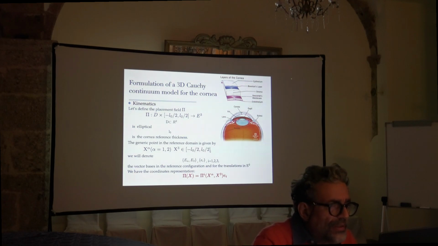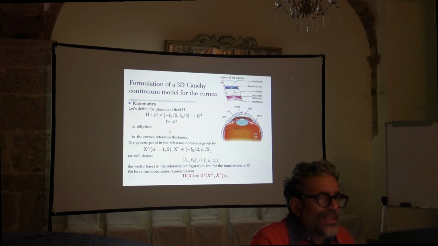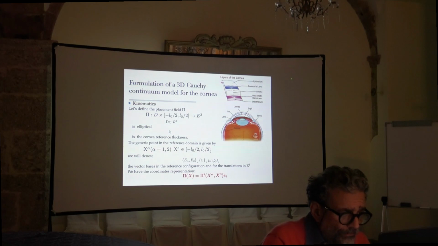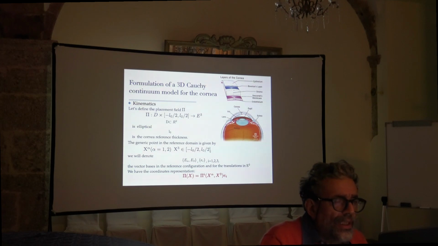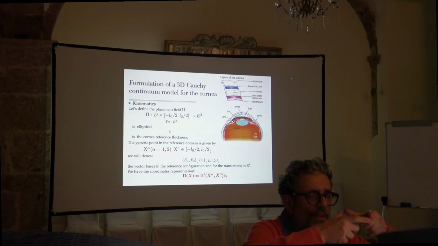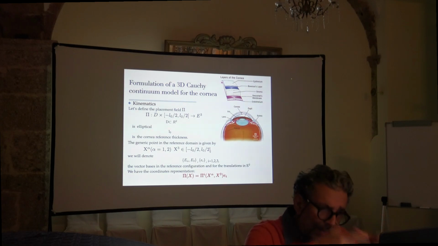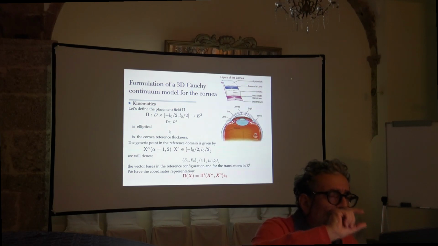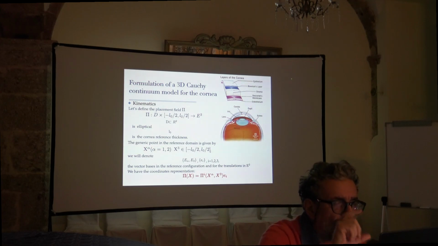So what we did, we formulated a reduced order model, but we start from a 3D Cauchy continuum model. So we have a placement in 3D. The idea was we take an elliptic plane, a plane ellipse, and an interval from minus L0 over 2 to plus L0 over 2.